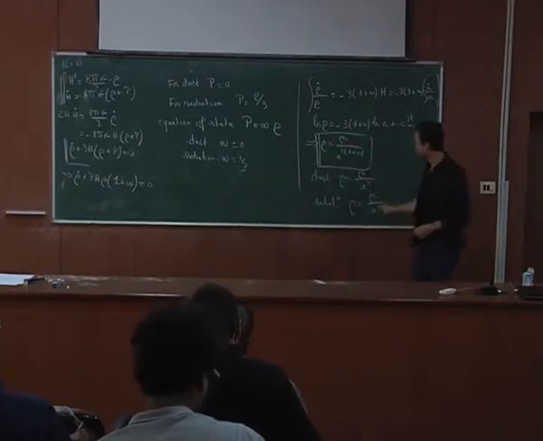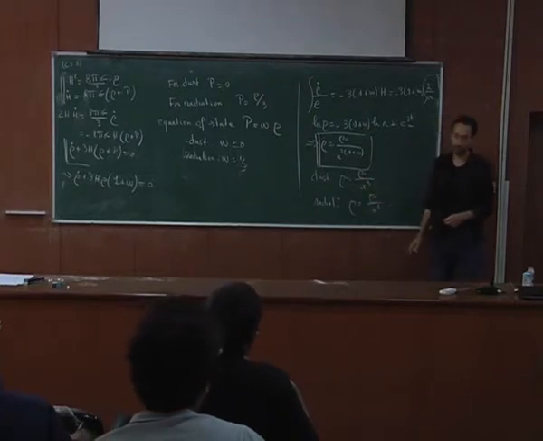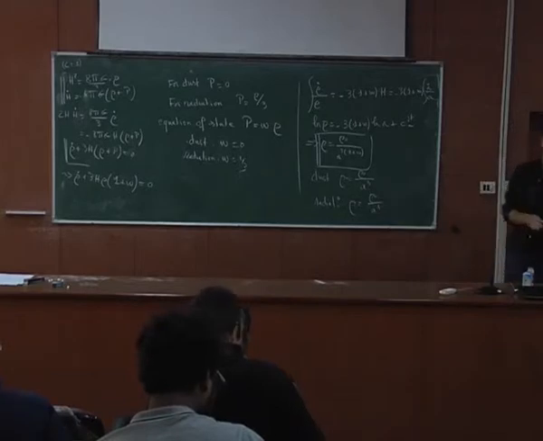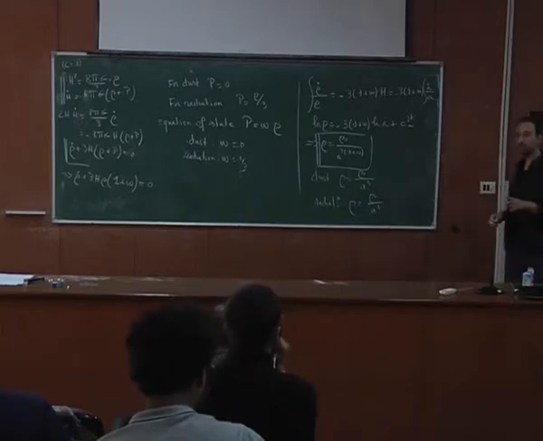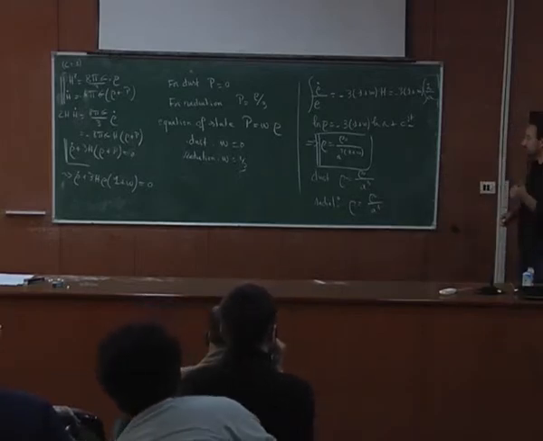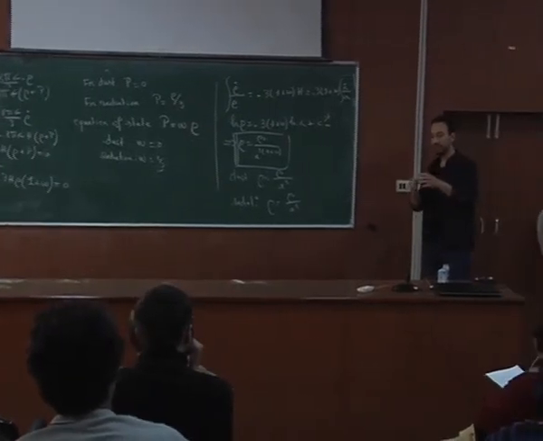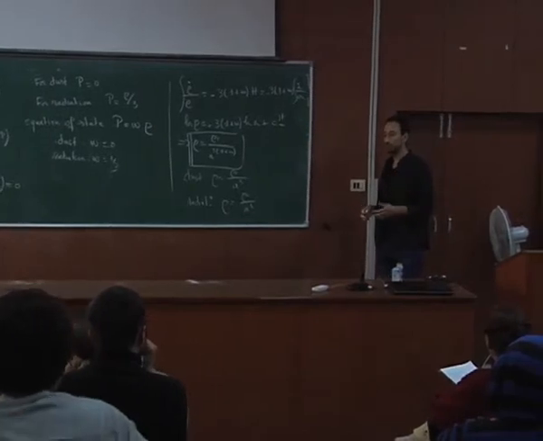So for radiation, you actually lose much more energy. First, you lose energy by the expansion of the universe, but you lose a bit more because radiation is also redshifted. During propagation, it loses energy because of what is called the redshift.